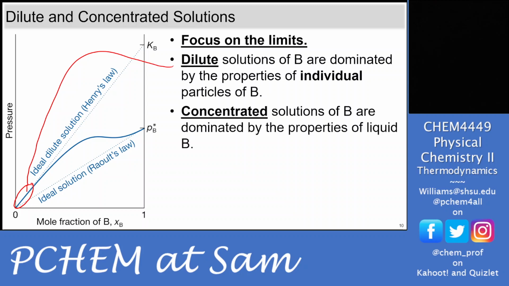But then on the concentrated side, this is almost pure B, or I would say dirty B, a concentrated solution of B. It's going to behave like B in B, so it's going to be very similar to the pure vapor pressure, which is dominated by Raoult's law. Those are the limits, and the region in between just connects the two.